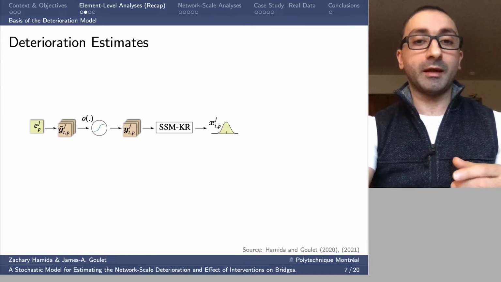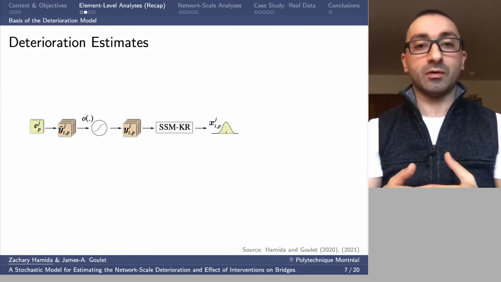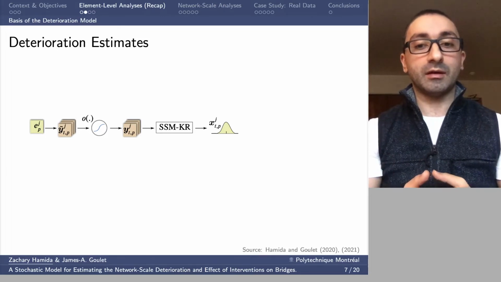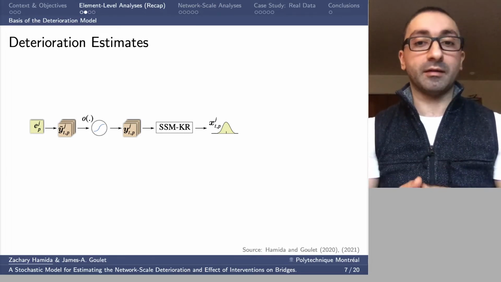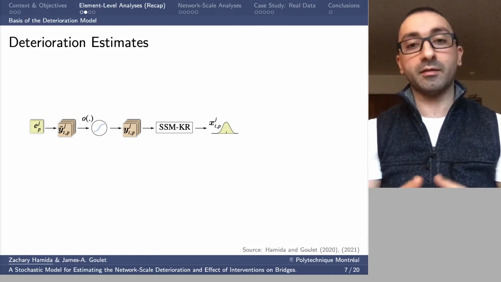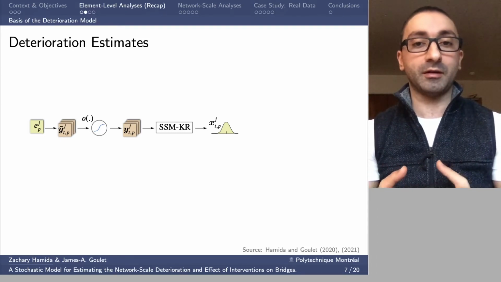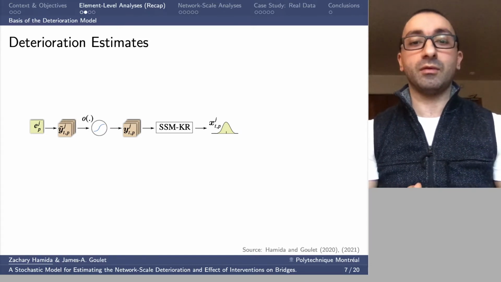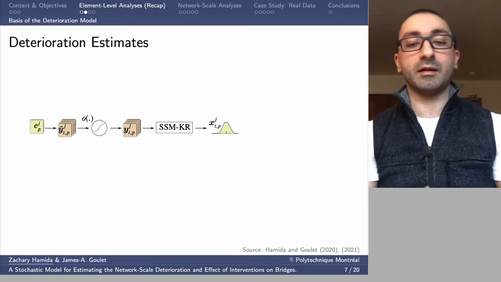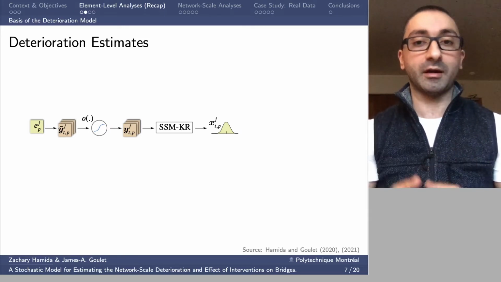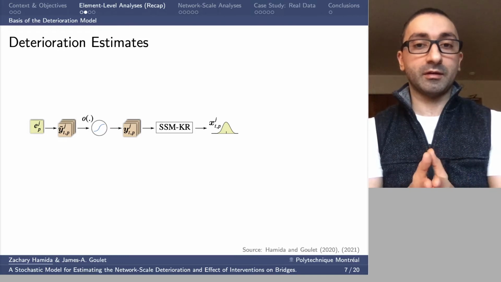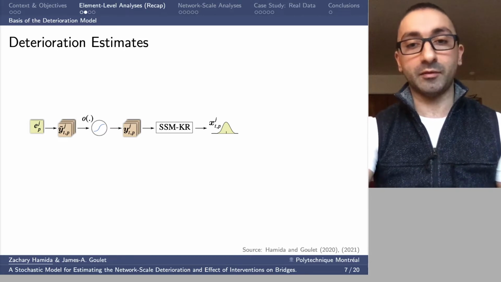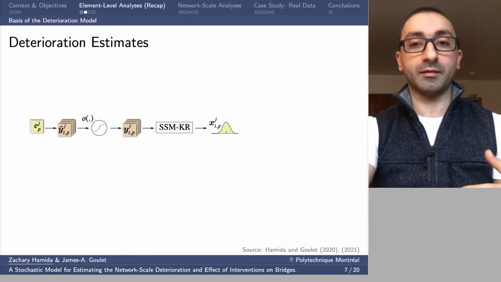After that, we pass our observations into the deterioration model, which we call SSM, or SSMKR. These studies have already been published. SSMKR refers to using kernel regression alongside the SSM model that I described earlier. So using this deterioration model, we get the deterioration state estimate at time t for that particular structural element.